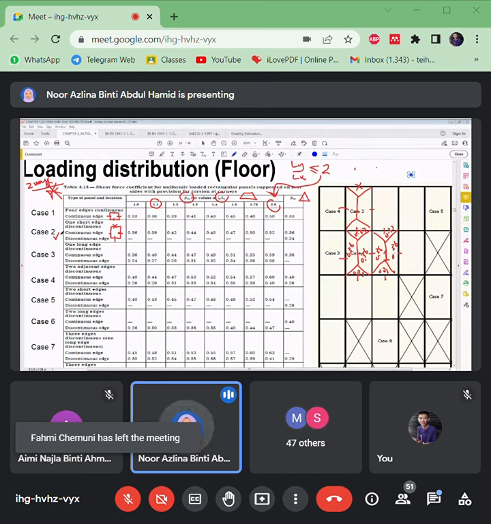Okay, look at continuous and discontinuous here. Katalah you calculate this one, Ly divided by Lx, dapatlah 1.23. Okay, refer to these tables. Case 2, its Ly divided by Lx is 1.23.